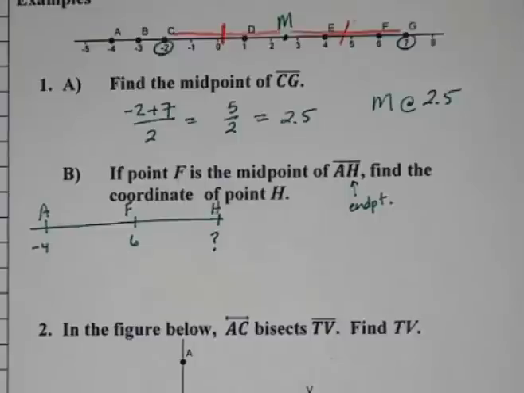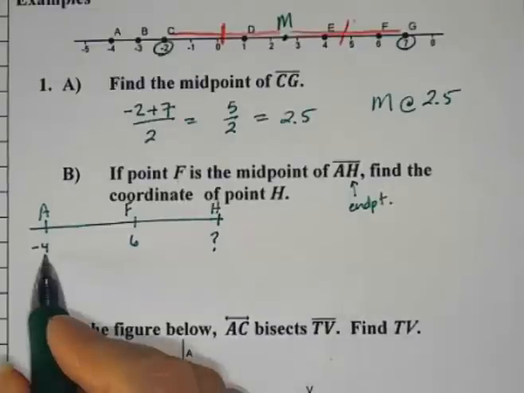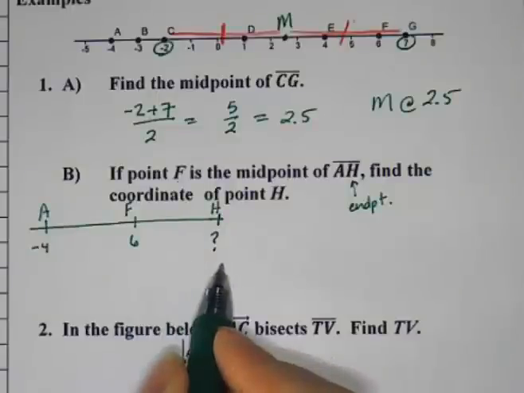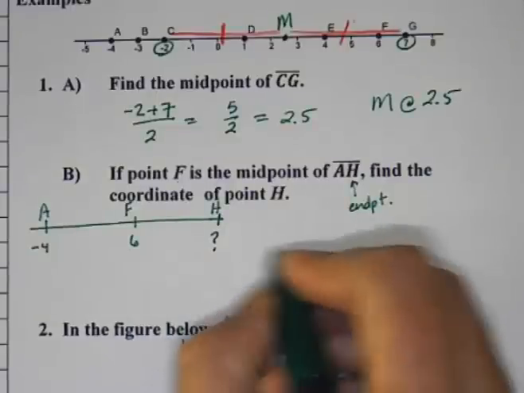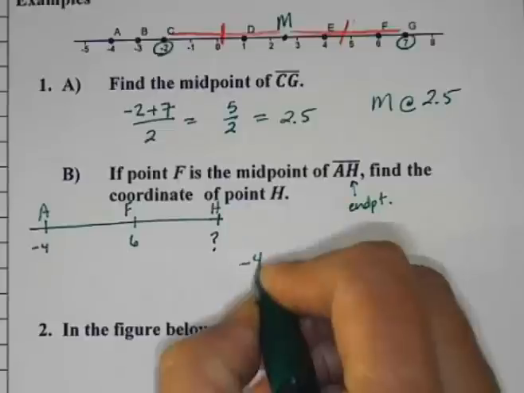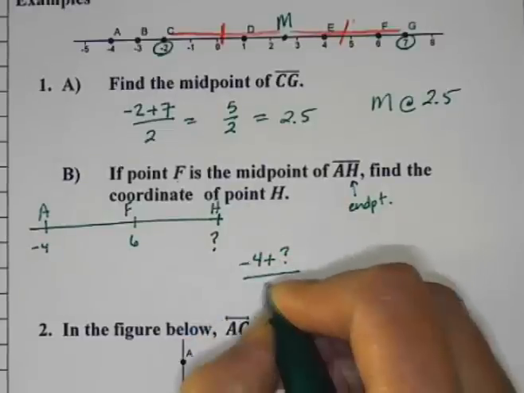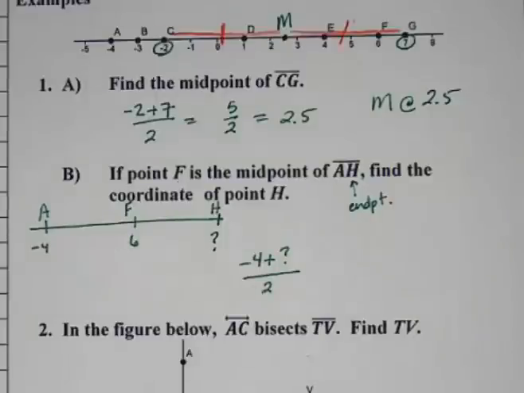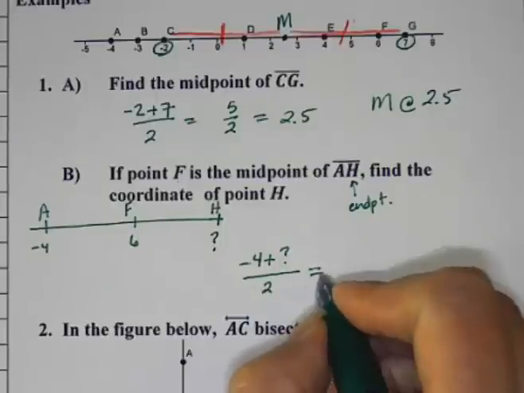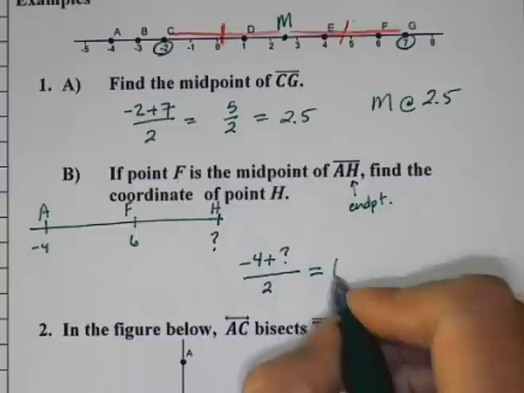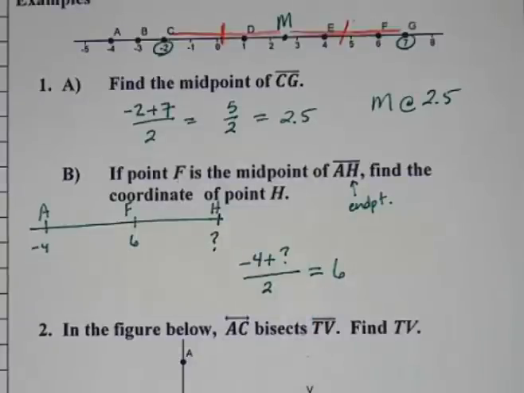All right, so the formula again is to average your endpoints, and that's the midpoint. So if I take an average of -4 and my unknown, I would add them together. I would say -4 plus something, and then average means I have to divide that by 2. So -4 plus something divided by 2 gives me an answer that's my midpoint, which was the 6 in this case. How do I find that something?